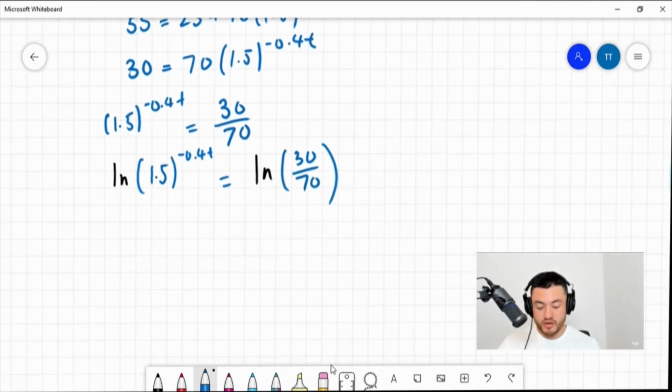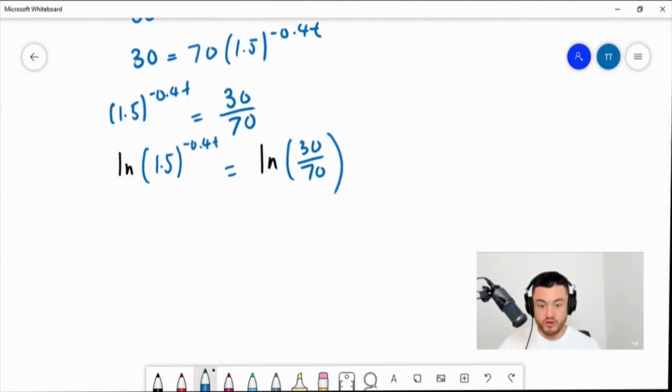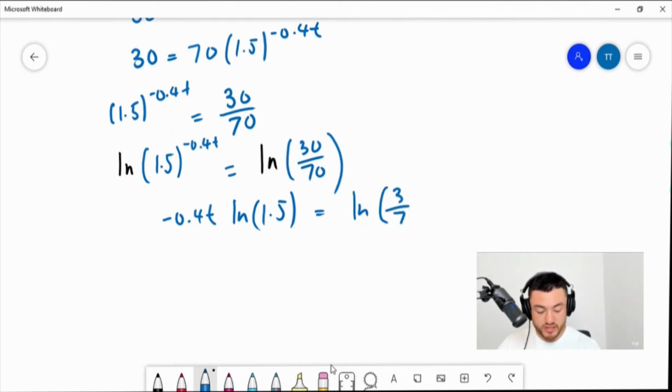All right, so we can use our log law to bring the power out to the front. So we can bring negative 0.4t to the front of ln 1.5, and that is still equal to ln. We can simplify 30 over 70, let's just write it as 3 over 7.